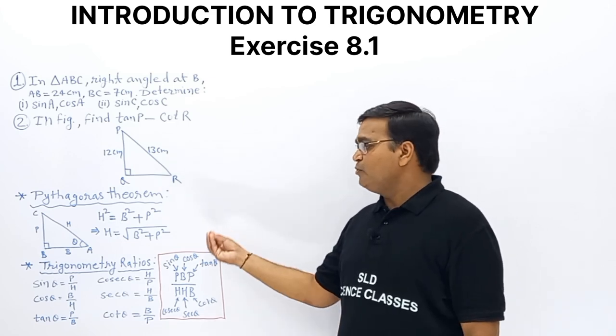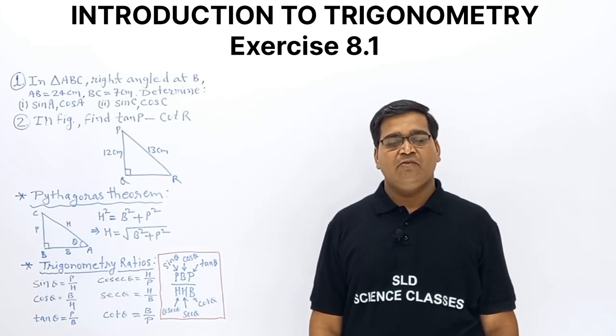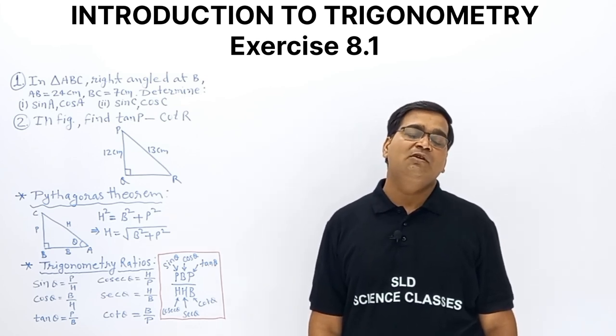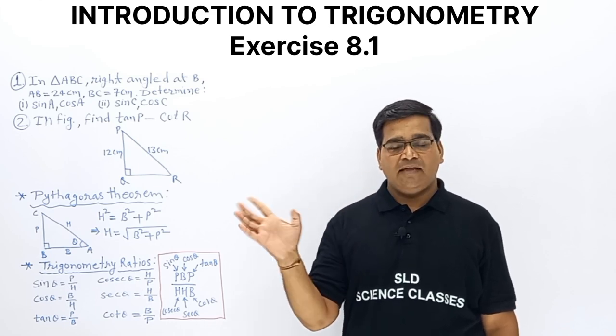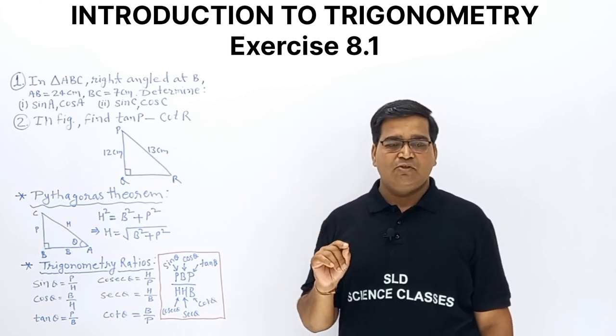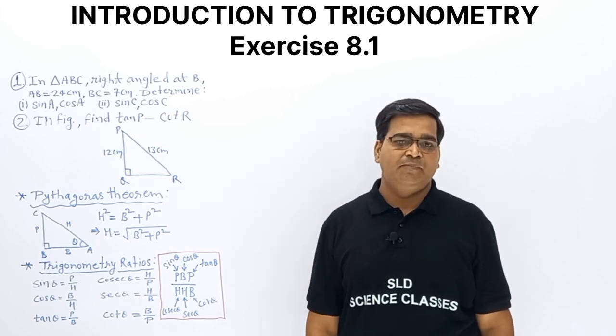For finding these, one right angled triangle is required, in which one angle is 90 degrees.